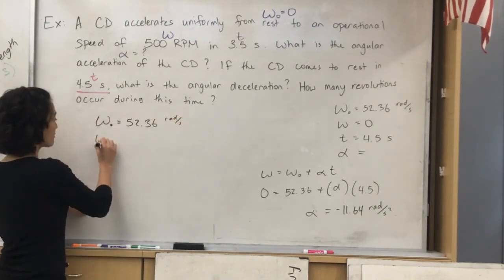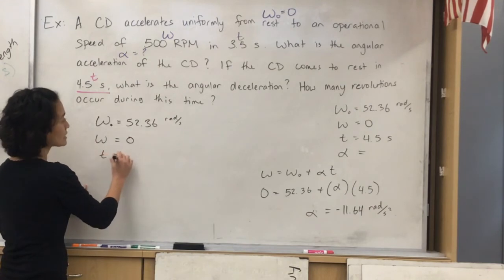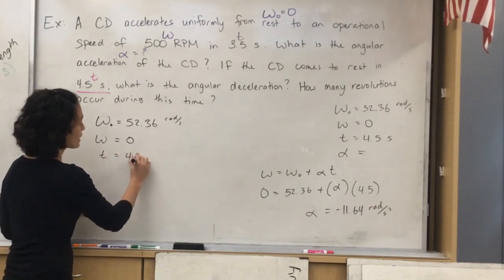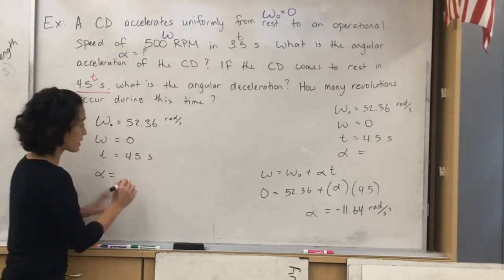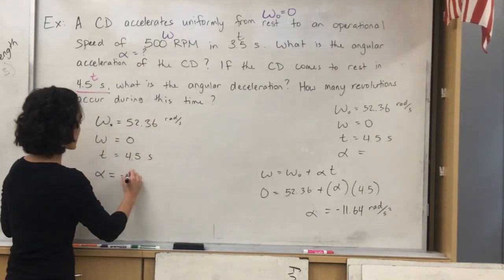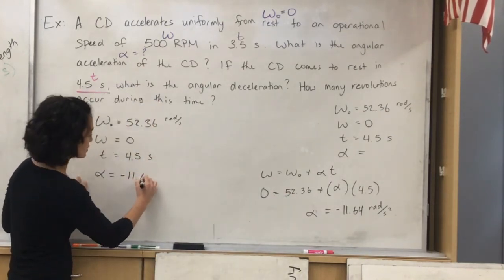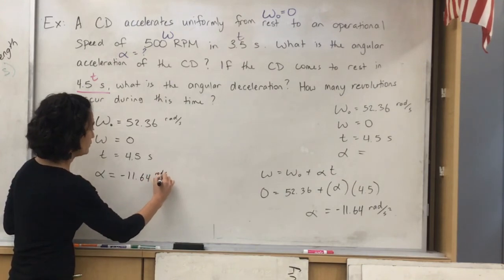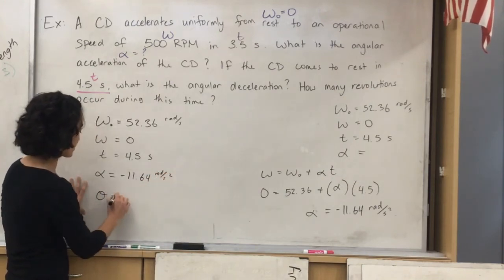I know that my final velocity is 0. I know it takes 4.5 seconds to do this. And I just found out that the acceleration that's causing this is negative 11.64 rads per second squared. And I want to find what theta is.